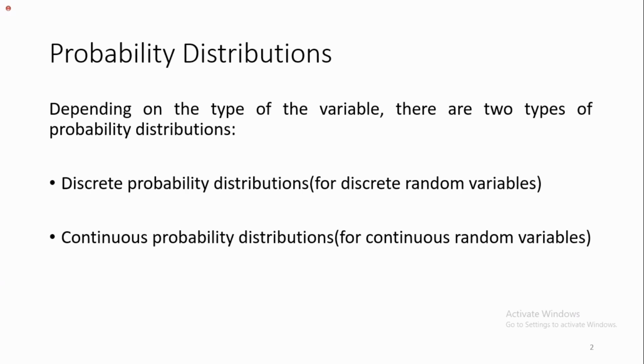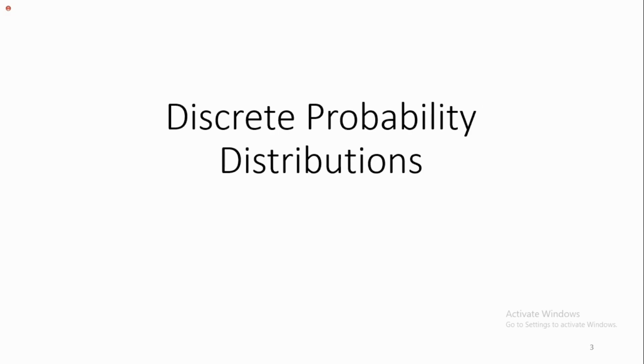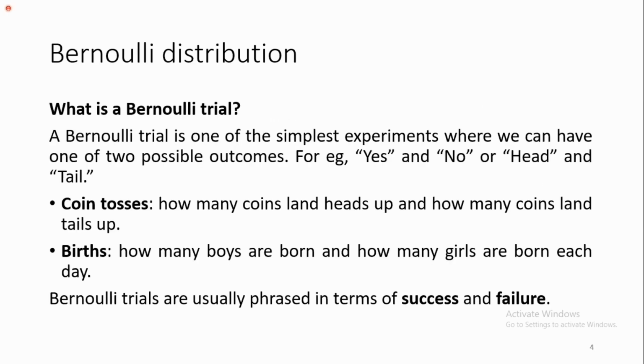Understand? So the first part of this chapter will be discrete probability distributions for discrete random variables. Let's look at the definition first. There are so many discrete probability distributions, and I will teach you what those are later.